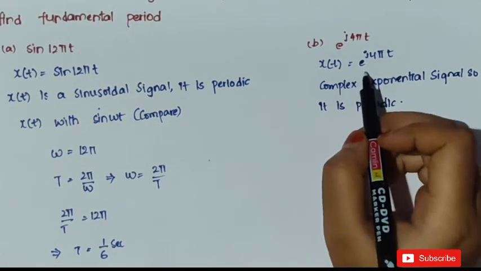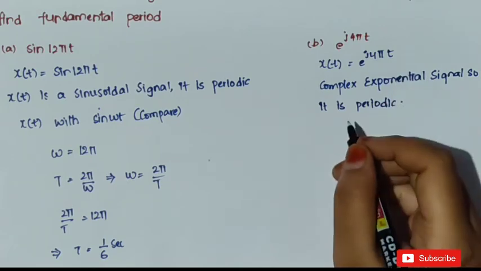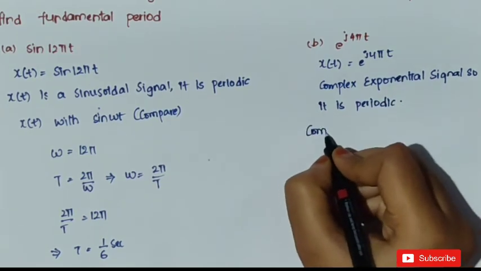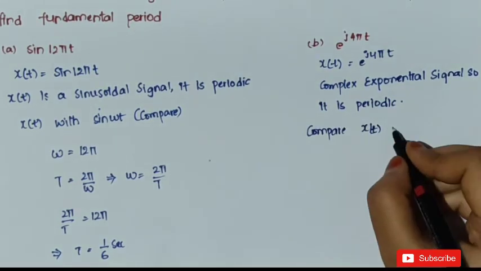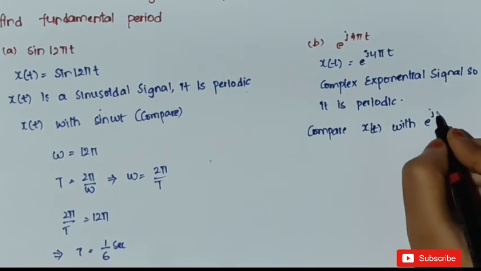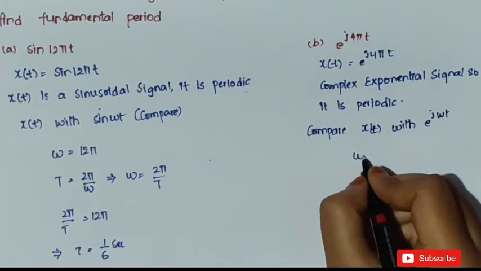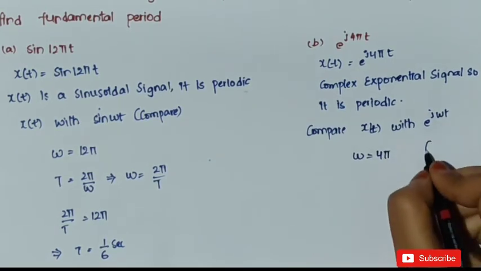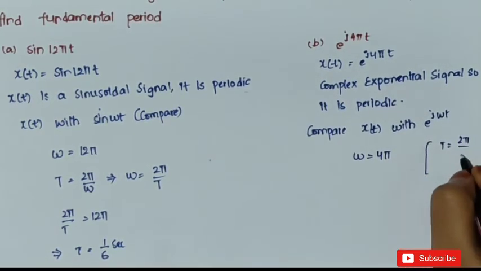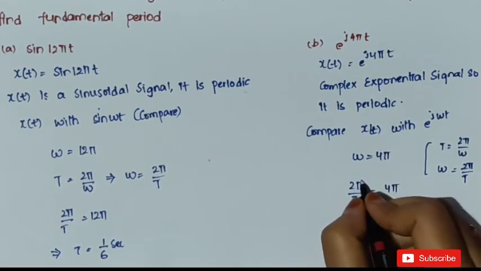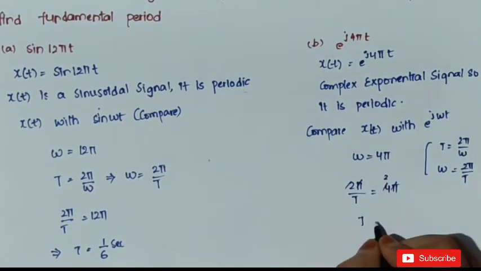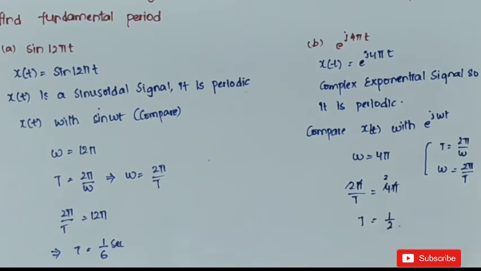By comparing x of t with e power j omega t, the value of omega is 4 pi. We already know that T is equal to 2 pi by omega. Then omega is equal to 2 pi by T, which implies 2 pi by T is equal to 4 pi. Therefore T is equal to 1 by 2. Therefore the fundamental period T is equal to 1 by 2.